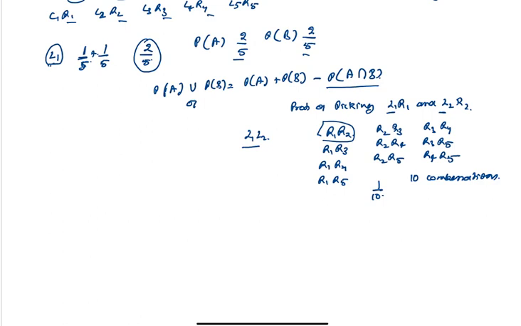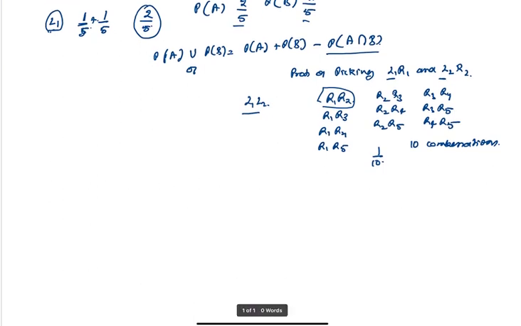So the probability of A or B, at least one right, is going to be 2 out of 5 plus 2 out of 5 minus 1 out of 10, or 7 out of 10.